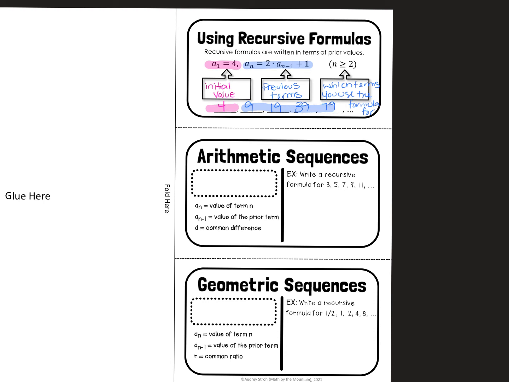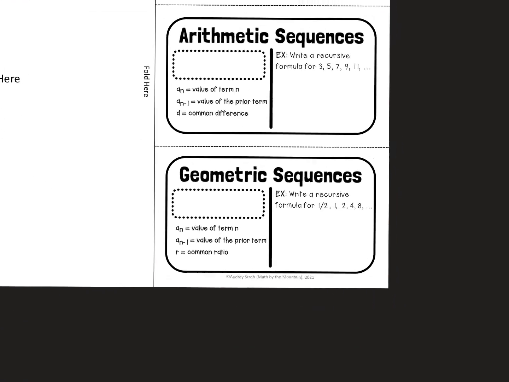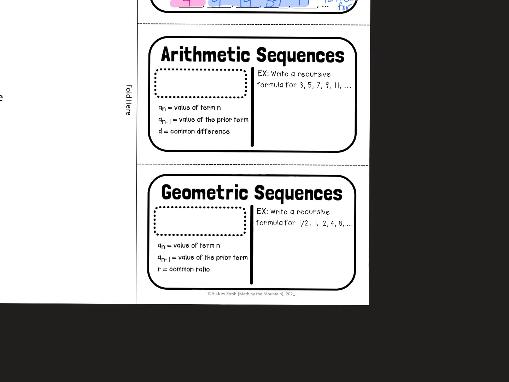Arithmetic sequence, we've done this once before. So I've had a n is equal to a n minus 1 plus d for common difference. So I'm looking here, and this 3 is going to be my a1, that's my first term.